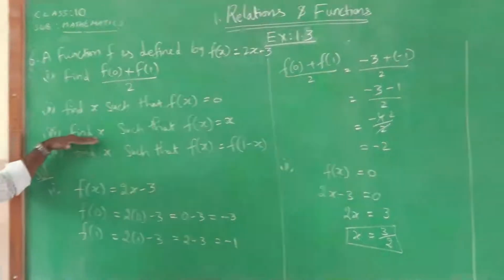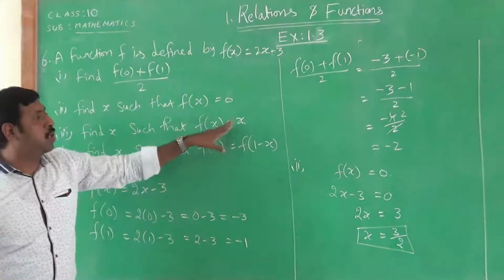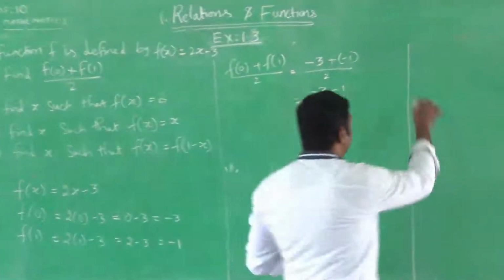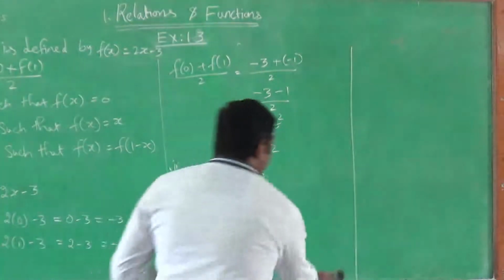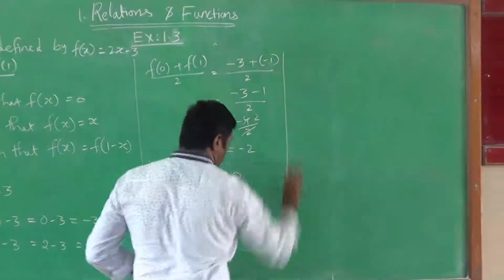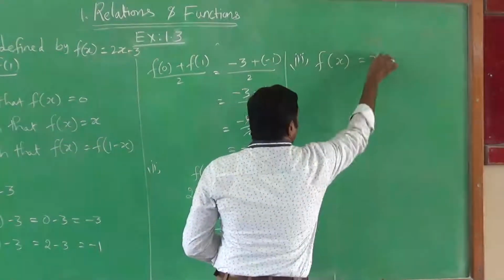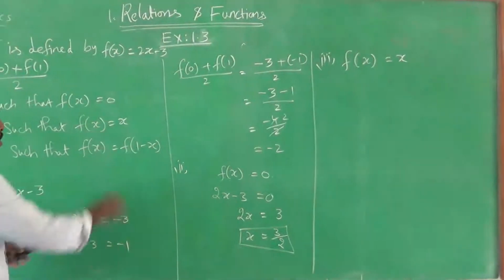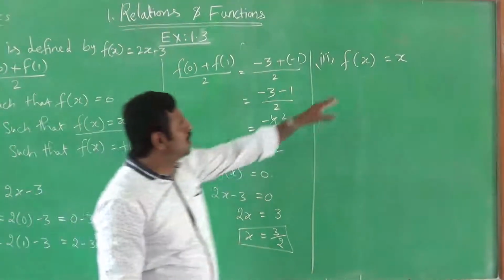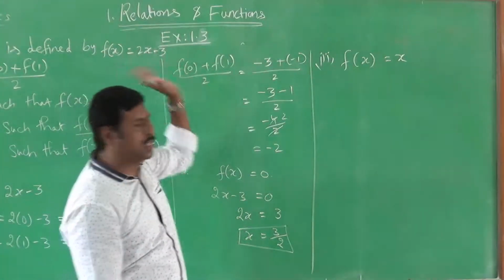Next we see the third Roman number. Find the x such that f of x is equal to x. The third Roman number is the function of x is equal to x. That is the given term. So we know that the function of x is given as 2x minus 3.